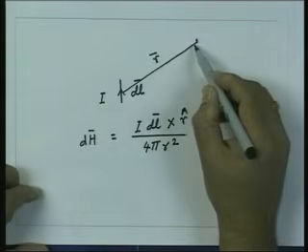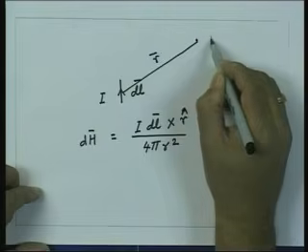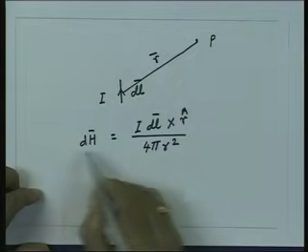So, the magnetic field at this location point P is given by this expression.